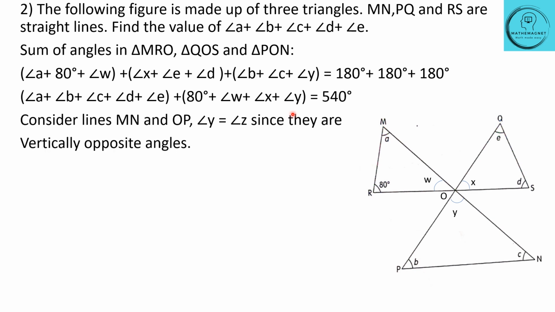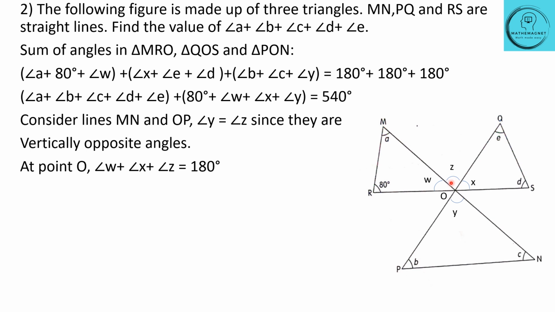Now let us consider the line MN. This line MN and OP. Okay. So angle Y will be equal to angle Z since they are vertically opposite angles. So this angle will be equal to this angle.